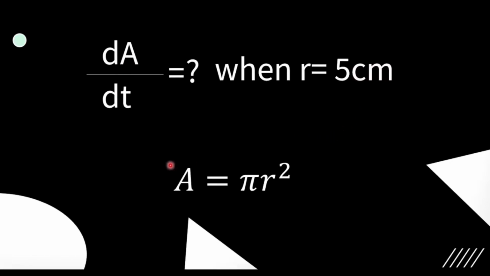But first, we have to use what we have. We have the radius, only the radius, and what relates the radius to the area is, for sure, the formula of the area. Then we have this. And this is just to help us include this in this. Okay?